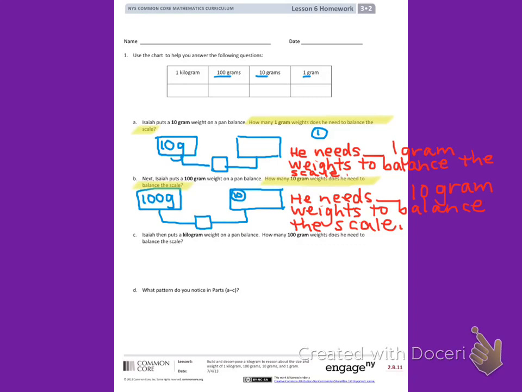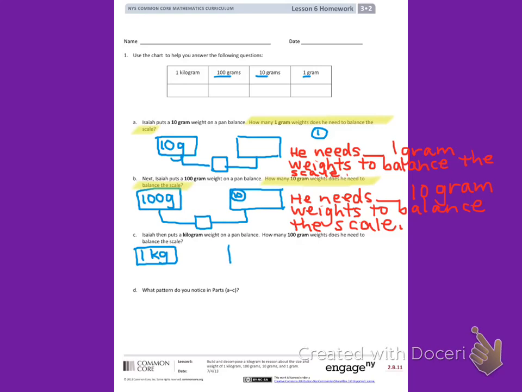Item C says, Isaiah then puts a kilogram weight on a pan balance. How many 100-gram weights does he need to balance the scale? Okay, on this side of the scale, in this pan, there's 1 kilogram.